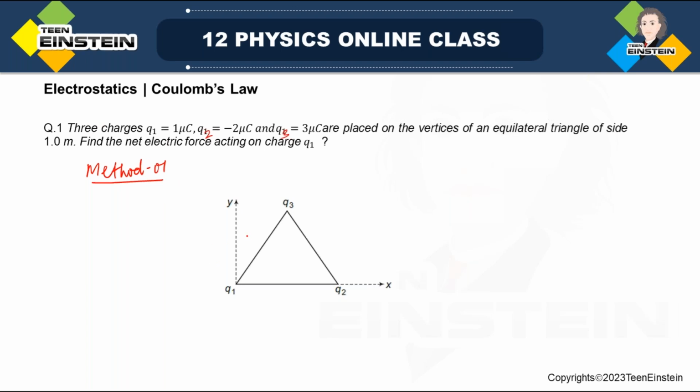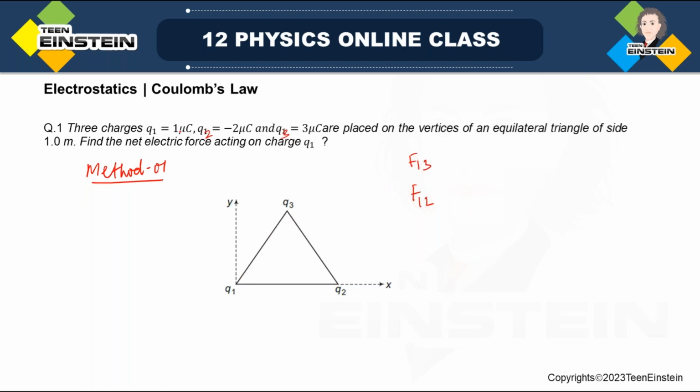The first method was that we have to find the force between 1 and 3, and the force between 1 and 2, and then take the vector sum. When we take the vector sum, direction is also important.